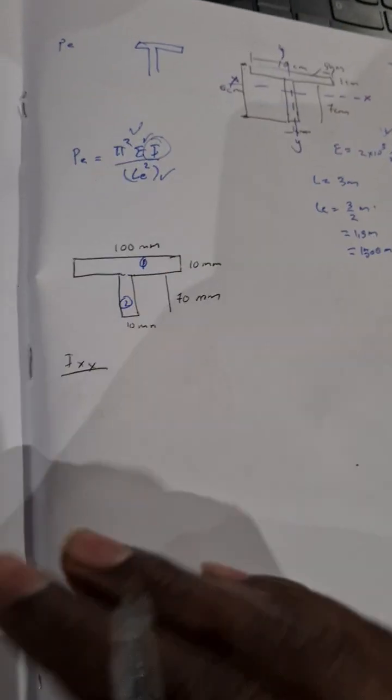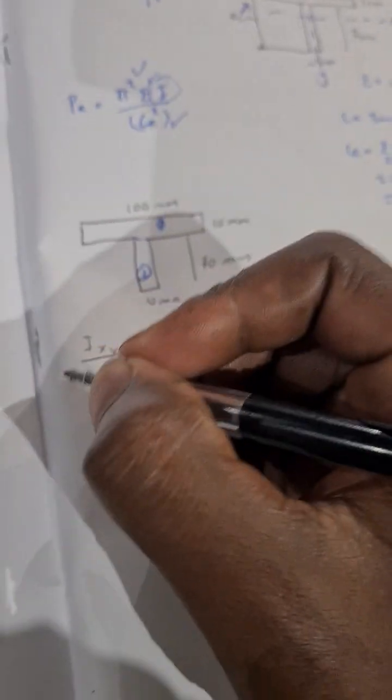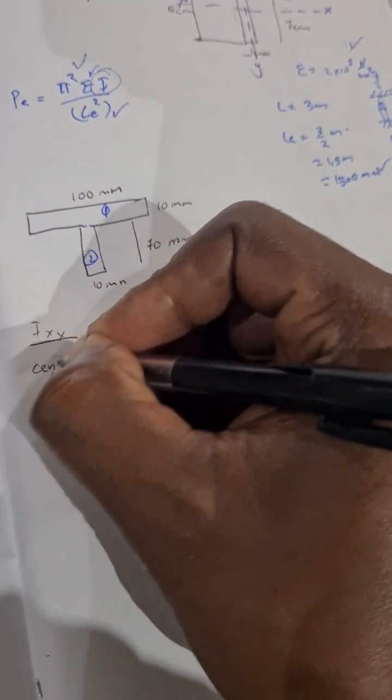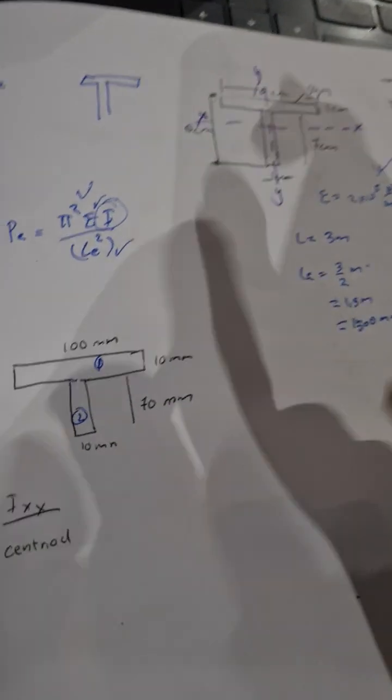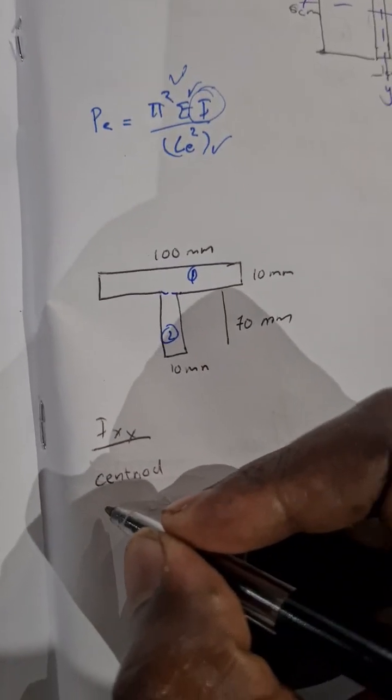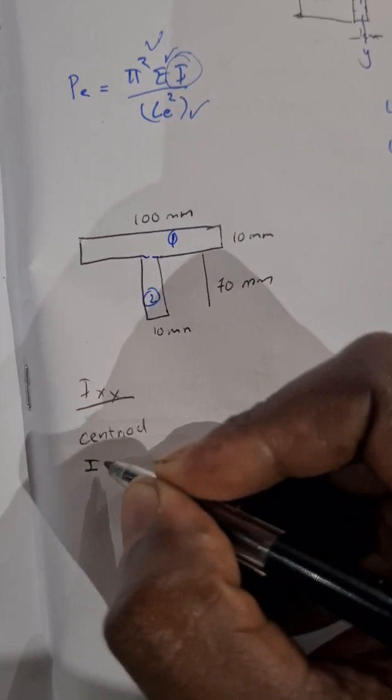So in this case, the first thing we have to find is the centroid. We need to know the position of this thing. If you know, it's easy. If you don't, in this case we don't know. Then after that, you can use the table method to find IXX. That's it, so let's start.